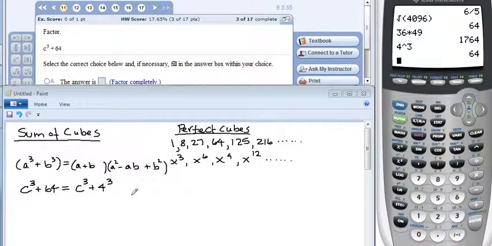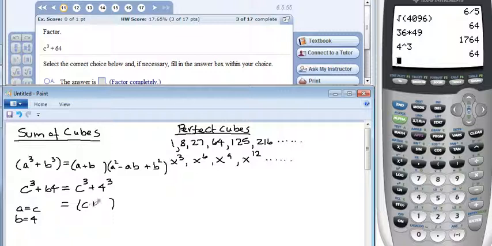So I'm just going to rewrite it in terms of cubes. Now I'm going to list what my a and my b are. My a is c, and my b is 4. It's going to make this so much easier. Now it tells me to do a plus b, so c plus 4, and then a squared.